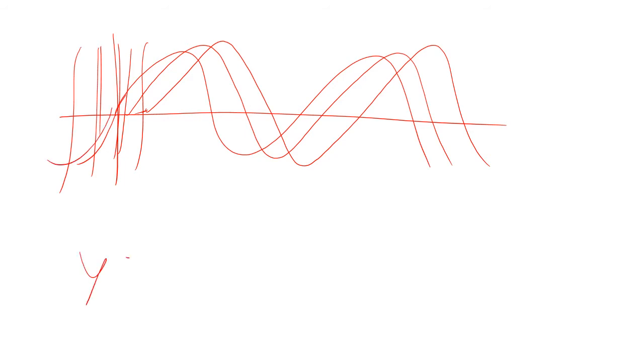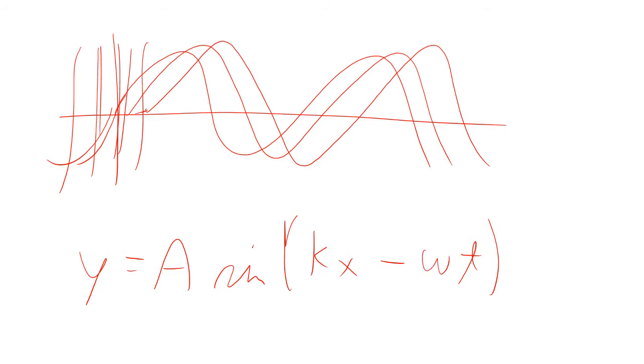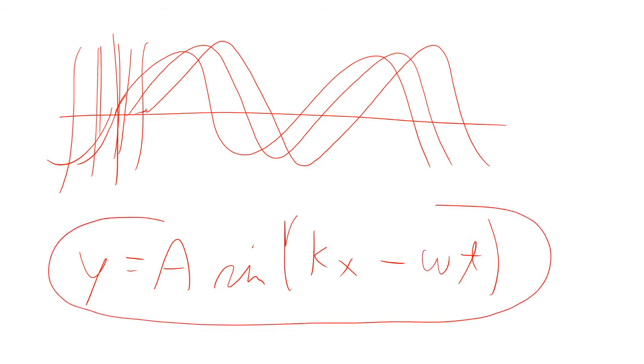So we could say this is A times sine kx minus something times t. Now the something times t would relate to how fast it's moving. Well, we already are used to using omega t to represent an angle. So this equation right here would be the equation for a harmonic wave that's moving to the right.